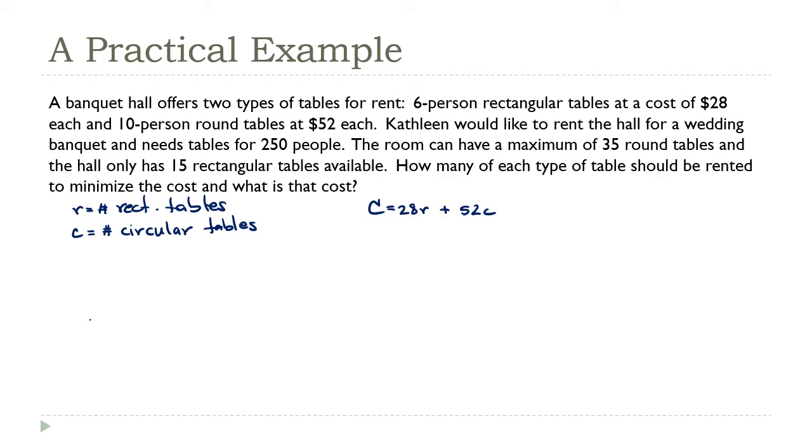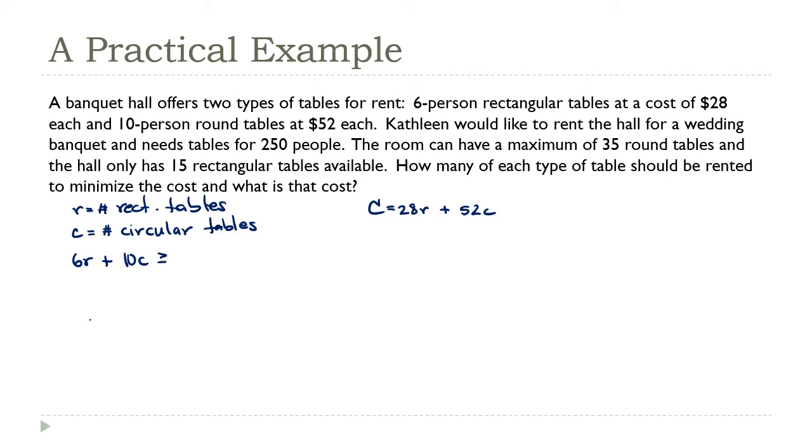All right, so what else do we know? Well, let's just start reading through here. Kathleen would like to rent the hall for a wedding banquet and these tables for 250 people. Well, if I have R rectangular tables and C circular tables, how many seats do I have? There's 6 per rectangular table, so that's 6R, and there's 10 per round table, so that's 10C.